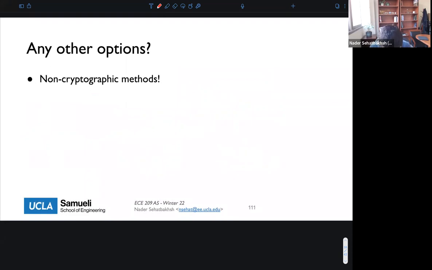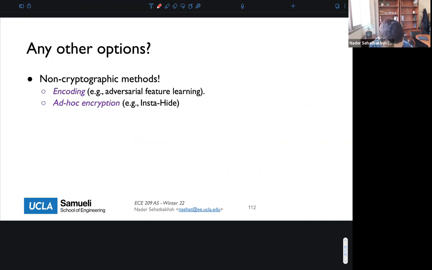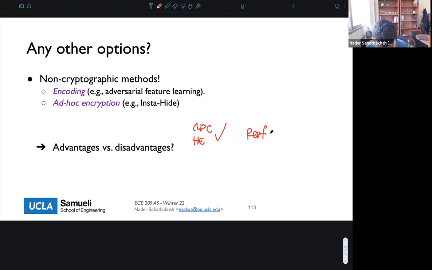And then there is a very current and new family of methods. The motivation is that provable methods such as MPC and HE can give us these guarantees, but on the other hand, they suffer from huge performance issues, right? The performance is terrible, but of course the security is great.